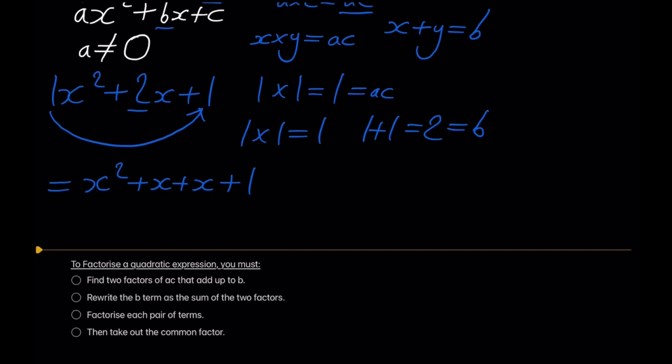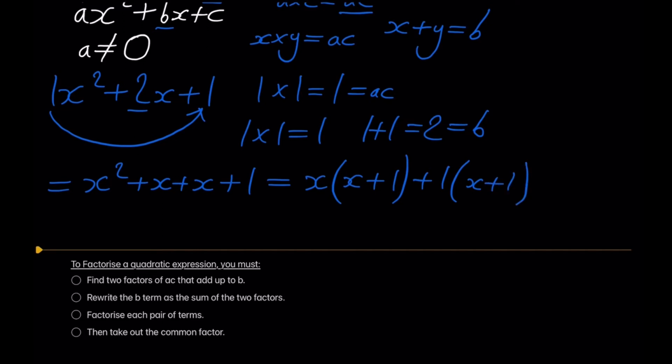And now we factorize each pair of terms. So we will factorize x squared and x all in one go, and we'll factorize x plus 1. So this will factorize to x times x plus 1 plus 1 times x plus 1.